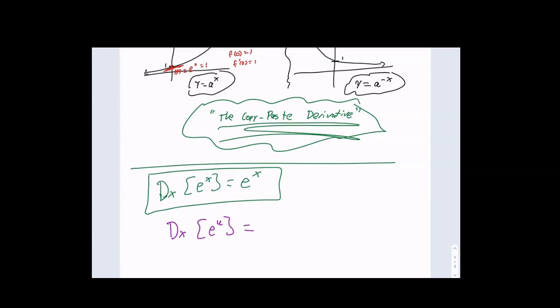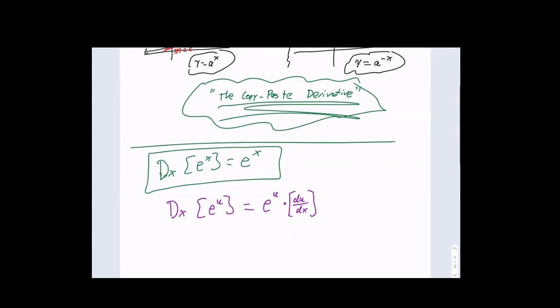What do you think it's going to be? e to the u times, remember, it's chain rule, du dx, times the derivative of the baby.